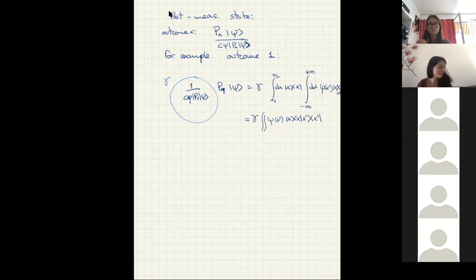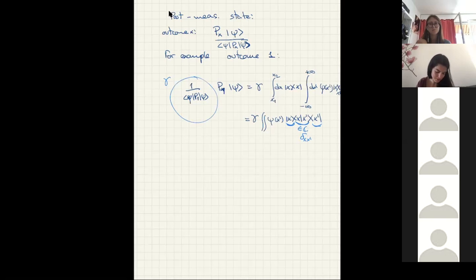It looks like a mess, but what's important is that this is a complex number, and we know that it's just a delta x prime. And this is a ket, so it's a column vector, and this is a bra, so it's a row vector.